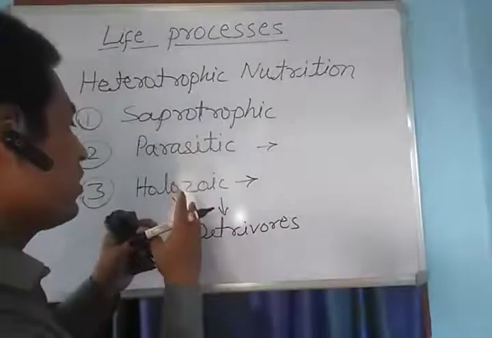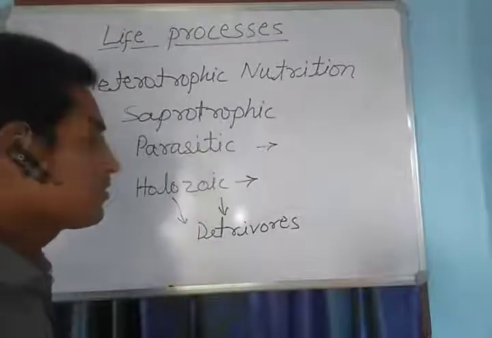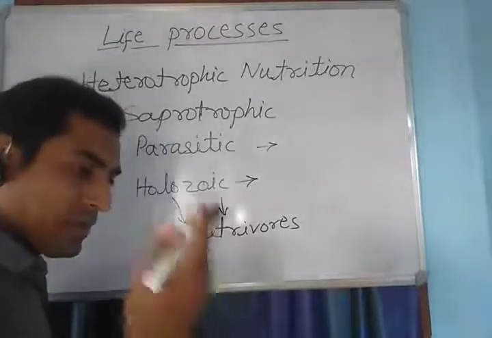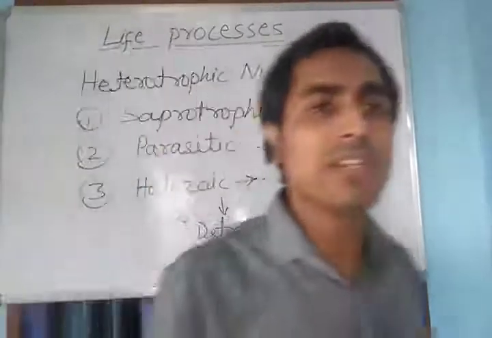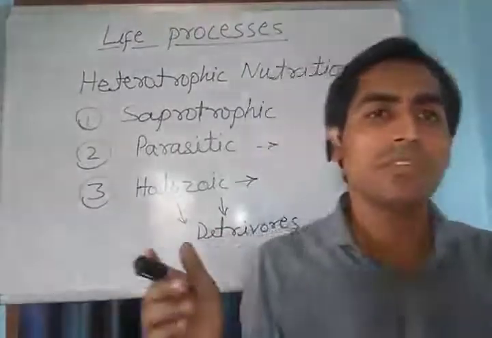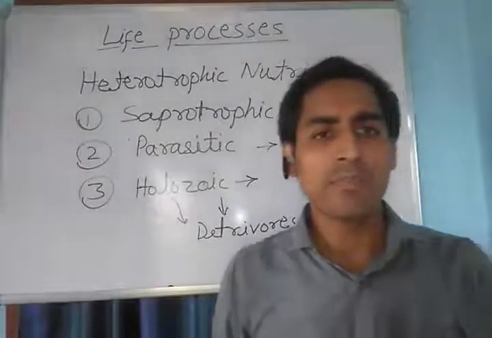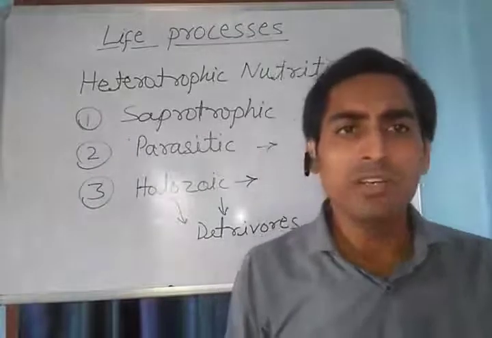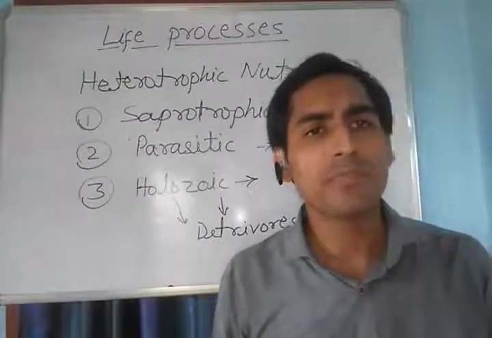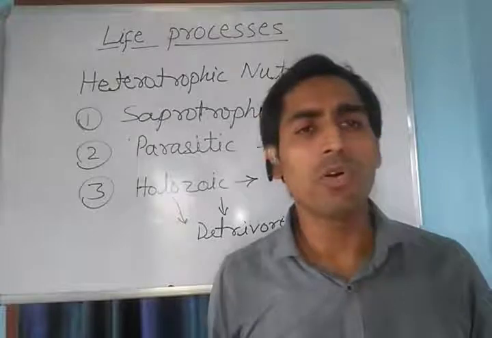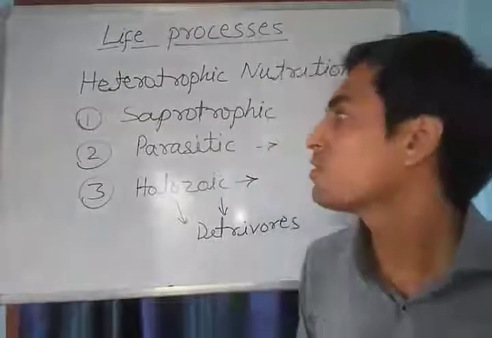So holozoic nutrition represents a special type of nutrition which is divided into five steps: ingestion, digestion, absorption, assimilation and egestion. We shall discuss it later in upcoming videos.